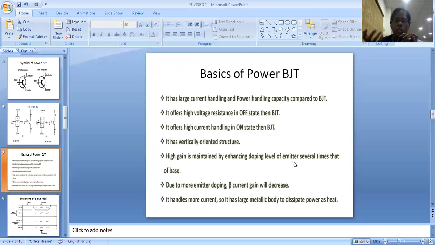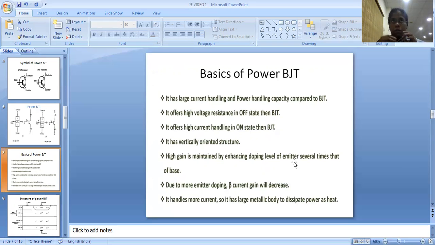A BJT has large current and power handling capacity. When we say power transistor, we are comparing it with the normal signal level BJT. Compared to the normal level, the power transistor should be able to carry large current and handle large power.